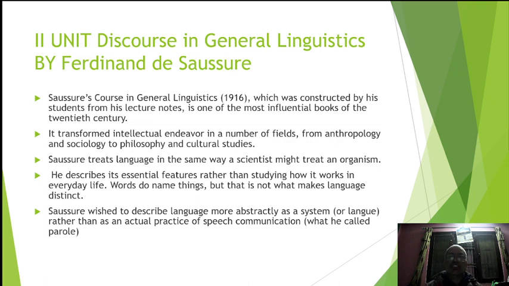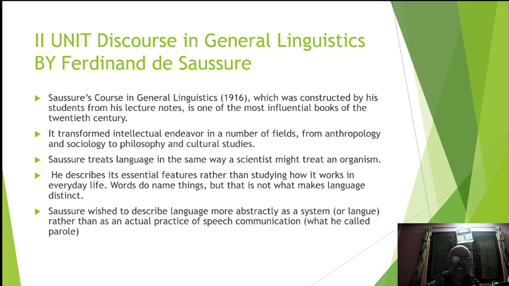It is one of the most influential books of the 20th century. It transformed intellectual endeavor in a number of fields, from anthropology and sociology to philosophy and cultural studies. Saussure treats language in the same way a scientist might treat an organism.